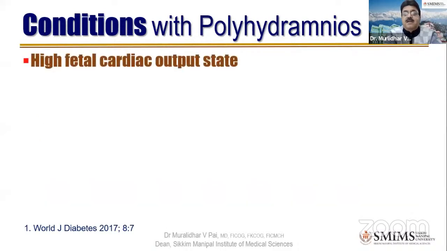High fetal cardiac output state. So other than the swallowing, now the excessive urination also matters, I told you. And we all know excessive urination is because of excessive renal perfusion, and that in turn can be traced back to high fetal cardiac output state.